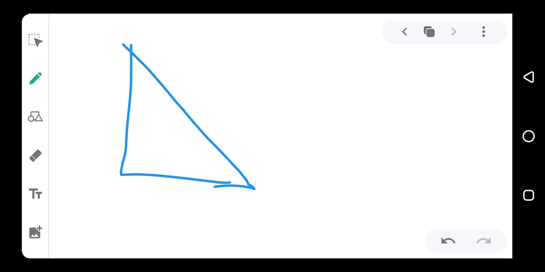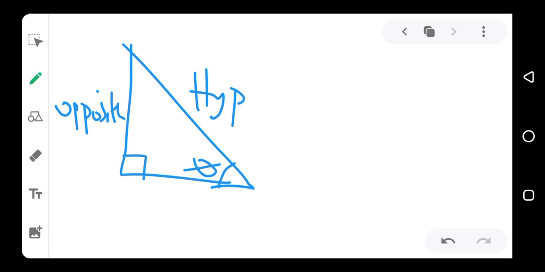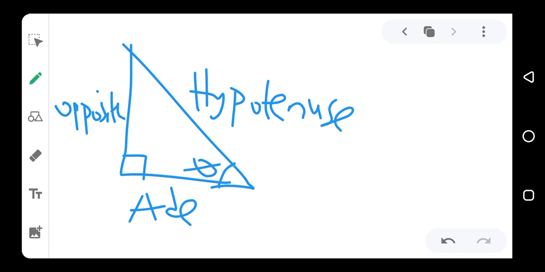Number one, if you have this right angle triangle, and let me say that this angle is our theta, this side is the opposite, the hypotenuse, and the adjacent. Now the relationship is this.